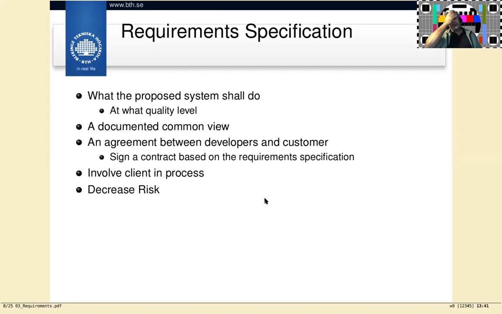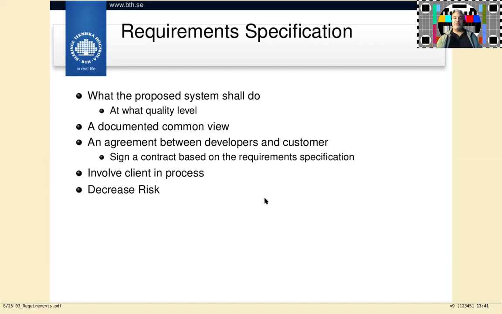Because this is an agreement, you want to involve the client in the process. You want to include them in deciding that this is a good requirement, a requirement that accurately captures what we want from the system. If you do the requirement specification without involving the client, then you'll have this very nice document, and they'll take one look at it and say, "Yeah, but that's not what I meant."